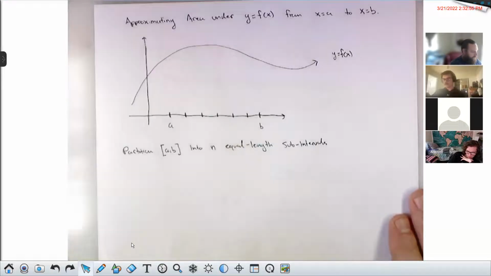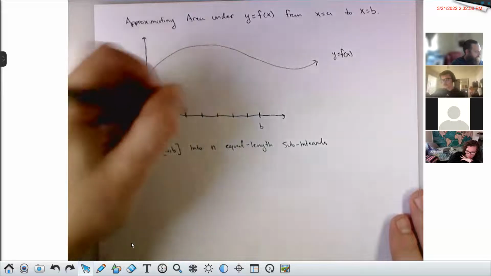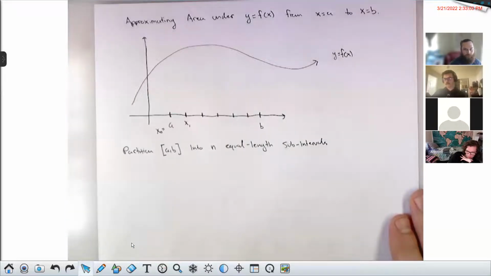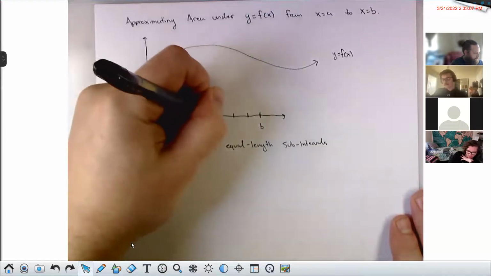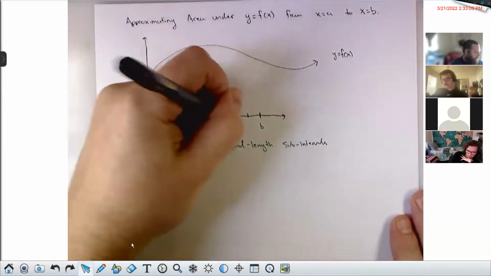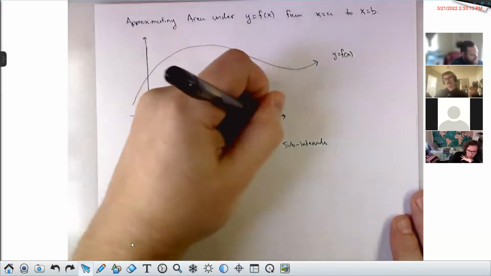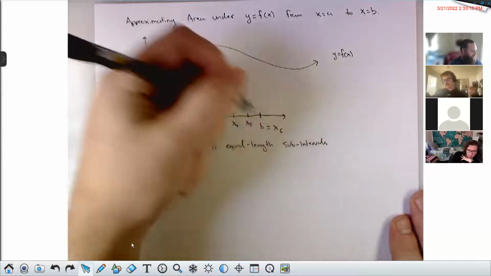A generally we call x0. This first point here where we chop is called x1. The second one is called x2, and you continue like this. And B is generally called xn. Here n is 6.